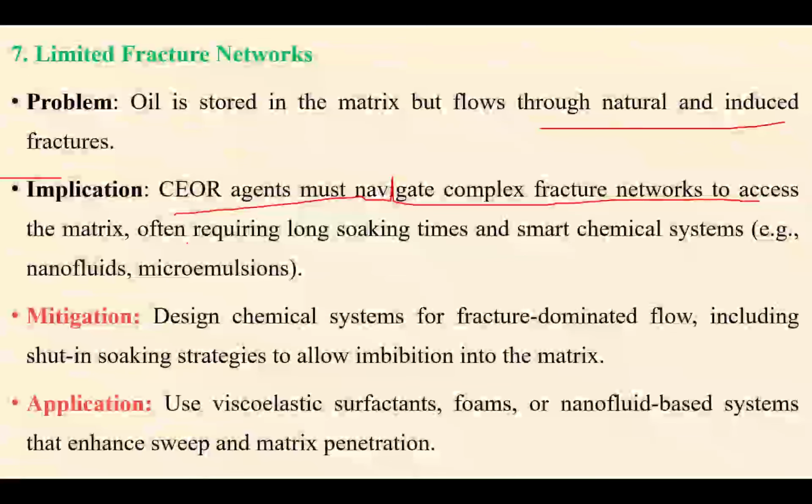Now for chemical flooding, it may happen that without entering into the matrix, they may bypass. So accordingly you have to use the proper smart chemicals like nanofluids or microemulsions, so that if there are high-permeability pores, they should reduce the permeability of that zone.